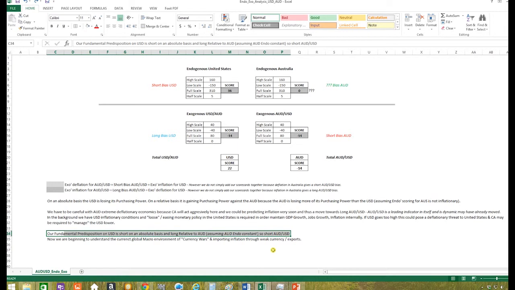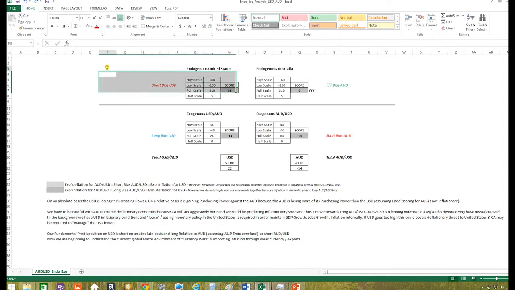used this as an example in the video series, because it's a classic case. We have inflationary conditions in the United States, where the United States dollar on an absolute basis is losing purchasing power due to central authority monetary policy.